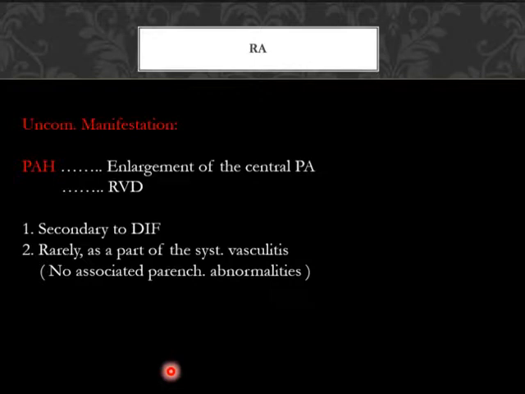An uncommon manifestation is pulmonary arterial hypertension with enlargement of the central pulmonary artery and right ventricular dilatation. They are mainly secondary to diffuse interstitial fibrosis, but rarely may be part of systemic vasculitis. When pulmonary arterial hypertension is due to vasculitis, it is not expected to see associated parenchymal abnormality.